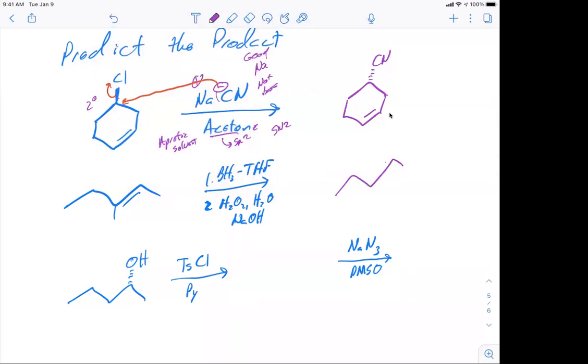Let's do it this way. And we will have the hydrogen and the alcohol on the same side. So this is anti-Markovnikov, and syn addition.